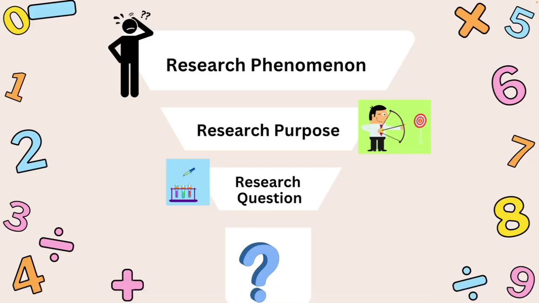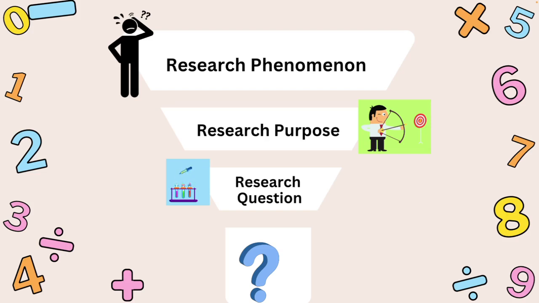Once you have the general idea of the research design and methodology, now you can start thinking, okay, what is the phenomenon that I am interested in? What is the problem that I feel drawn to? Is it student performance? Is it engagement? Is it curriculum? Is it teacher burnout? What are some problems you might be interested in?